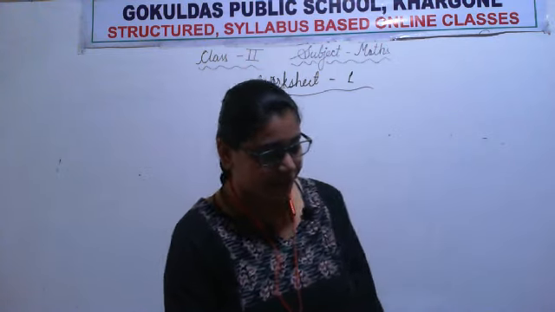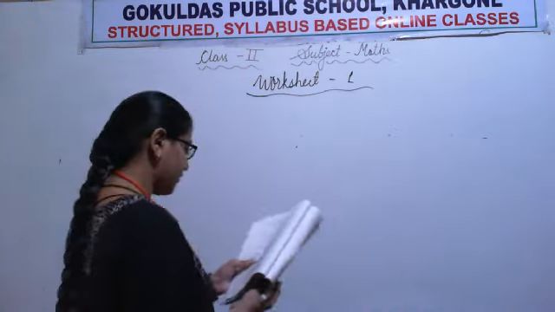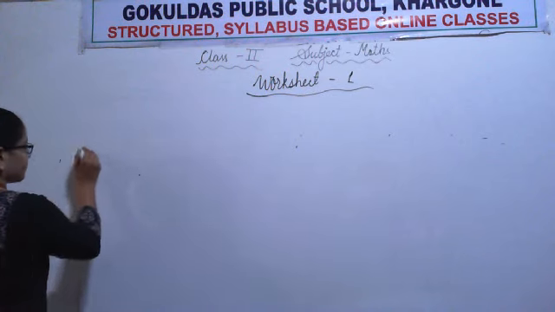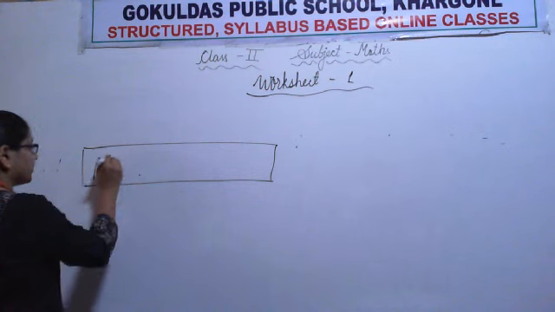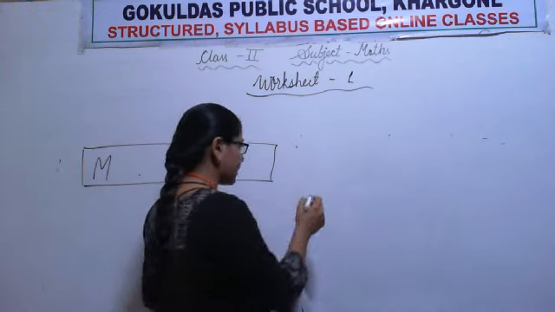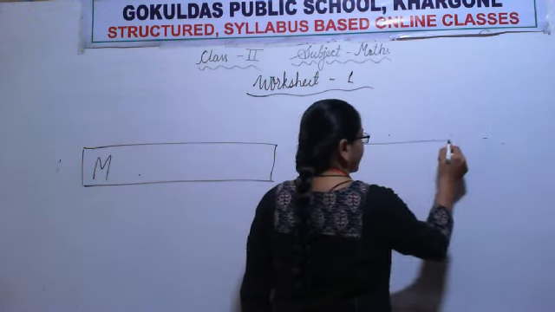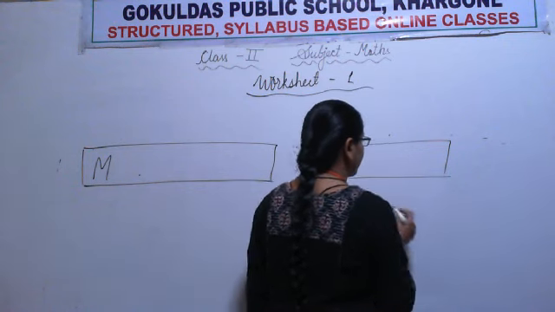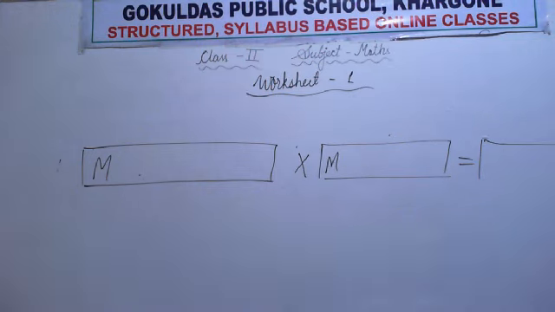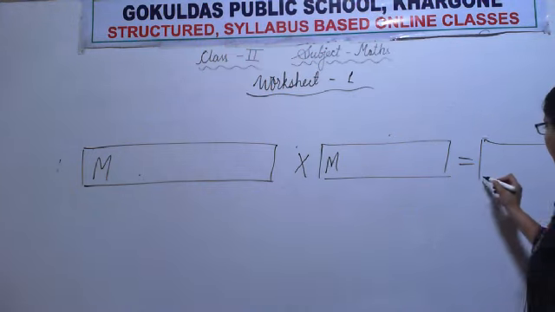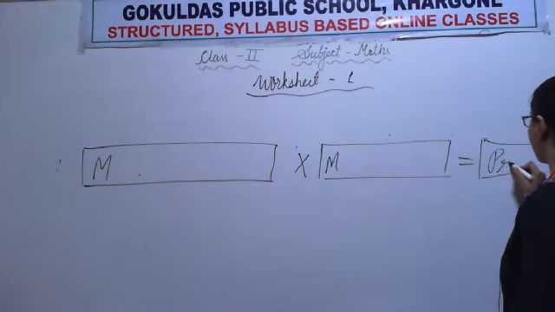Now the second question. The second question was fill in the blanks. M was written there, then multiplication sign, then again M was written there, and then product is equal to, and product was written there.